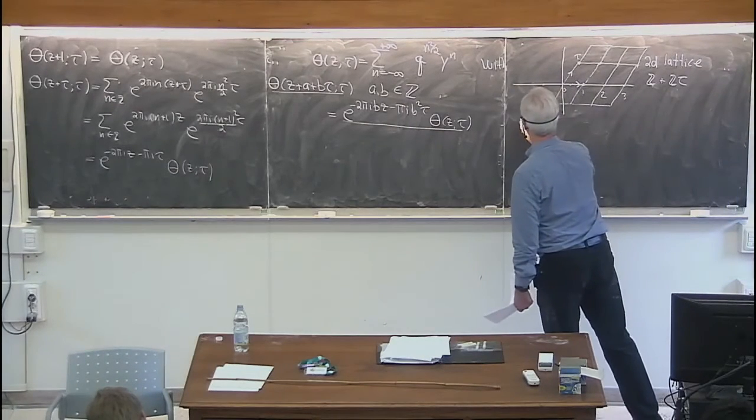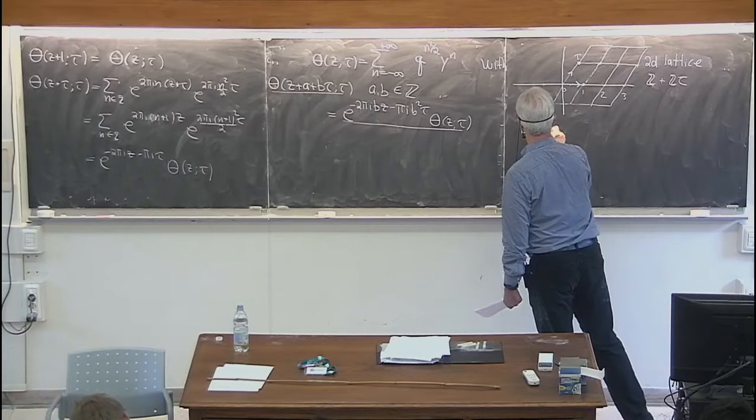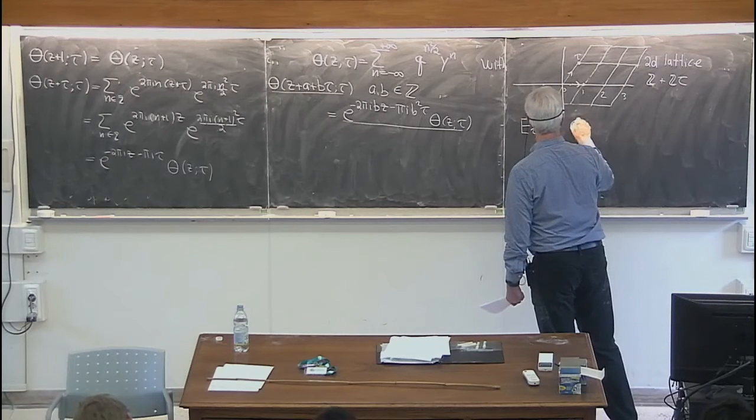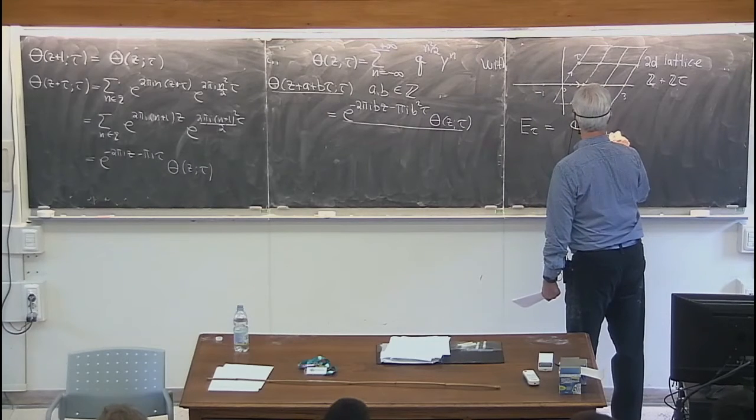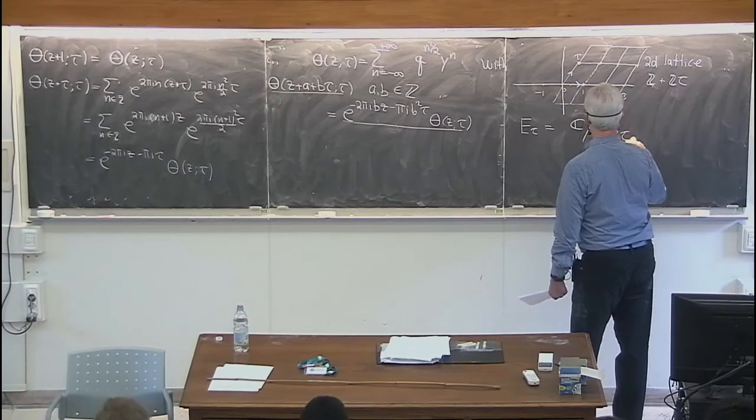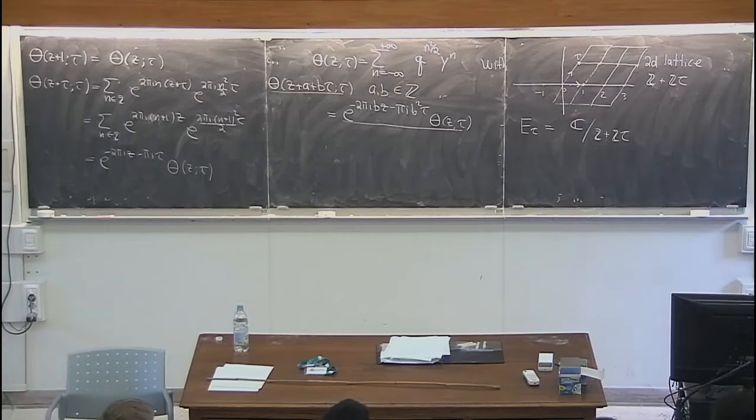We can also associate to this lattice a surface where we take points in the complex plane and identify opposite sides.